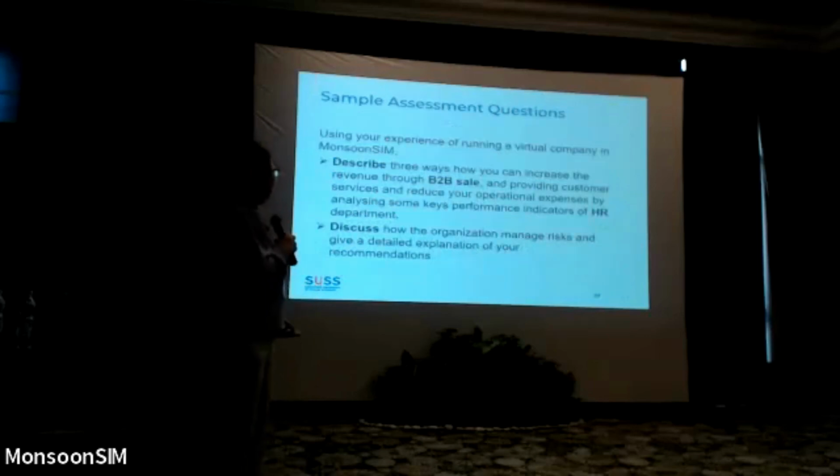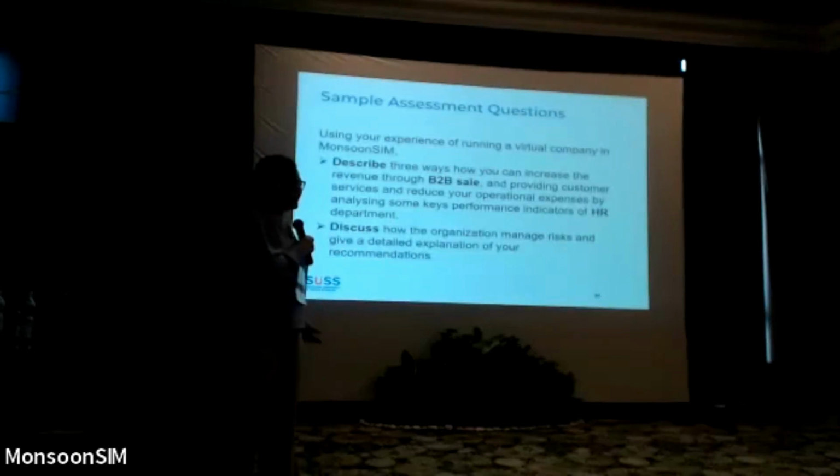We also set some assessment questions. For example, three different ways we can use revenue in B2B, such as providing customer service and reducing operational costs. You need to analyze some performance indicators, and how an organization can manage risk. With COVID and other crises coming, in MonsoonSIM they can write about this.